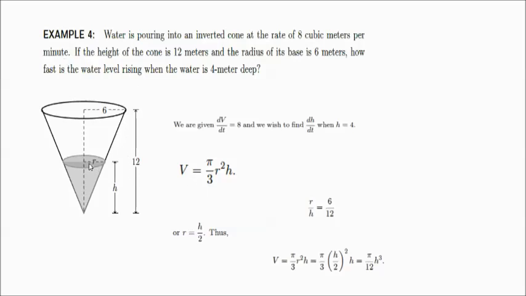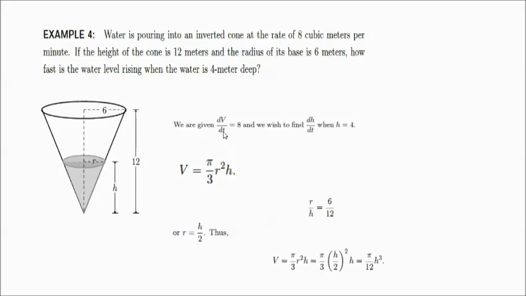So we have yung radius ng cone, 6, height ng inverted cone to, class, 12. And then since hindi nag-change, class, yung radius as the water level rises. And then yung height is also variable since nagbabago yan. So ano yung mga given, class?